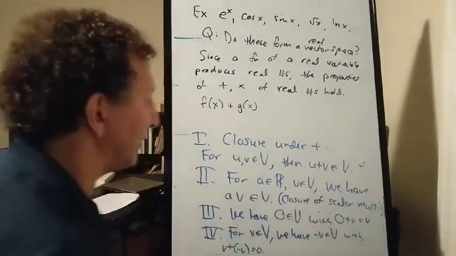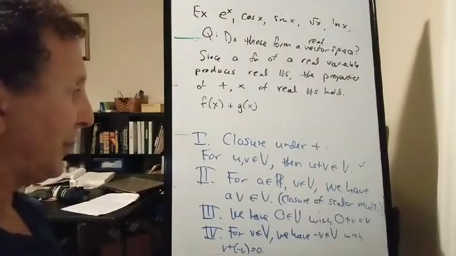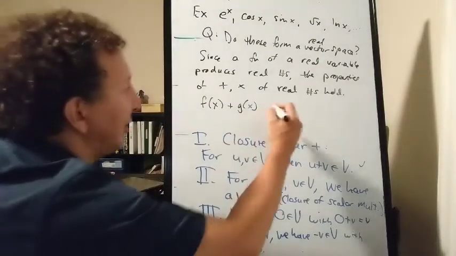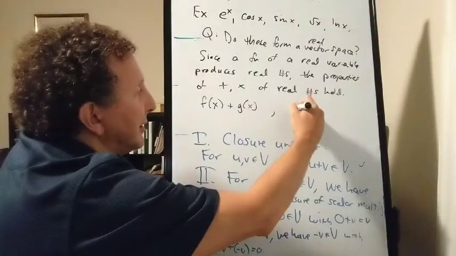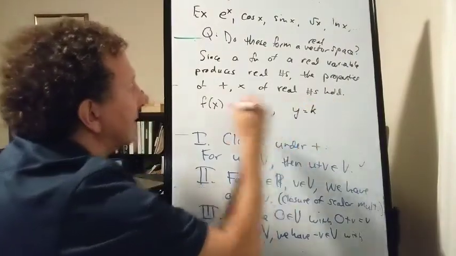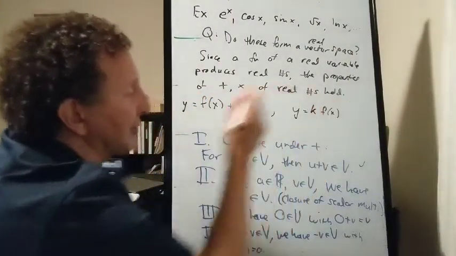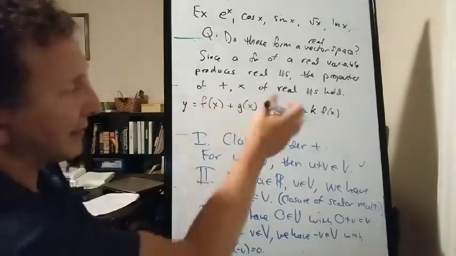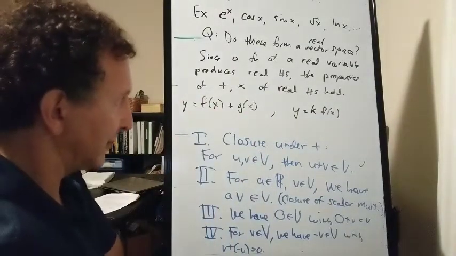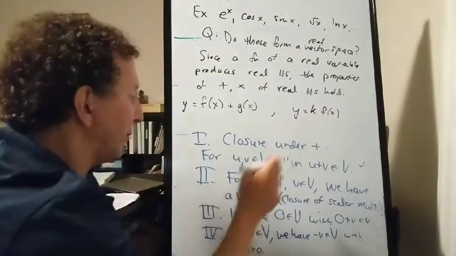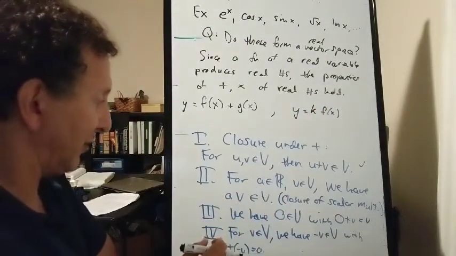So this is closed under addition. And how about scalar multiplication? If f of x is a function and we look at k times f of x for some real number k, well, sure, that's just another real function there. So we have closure under scalar multiplication.